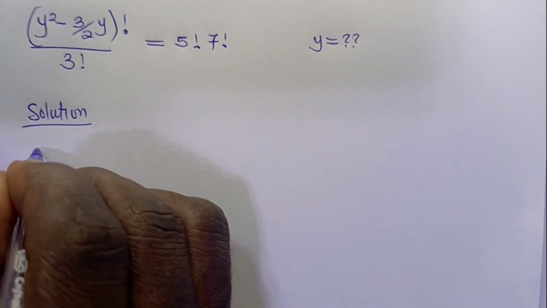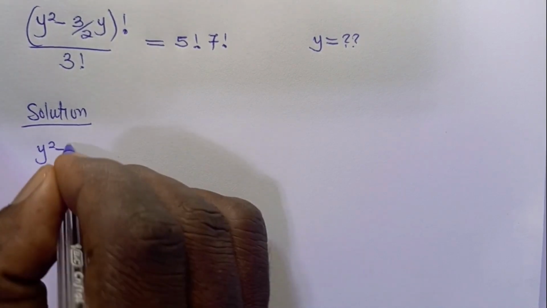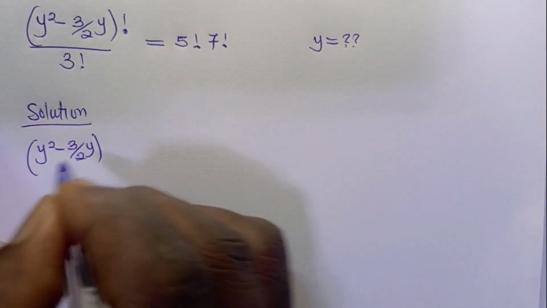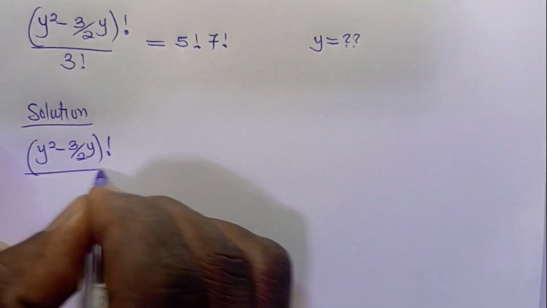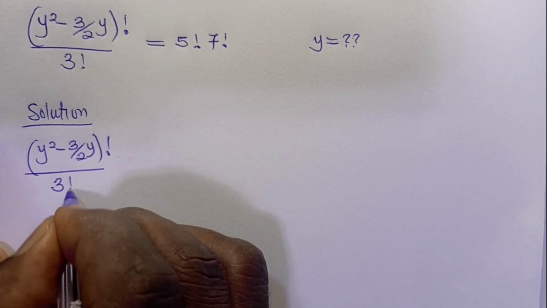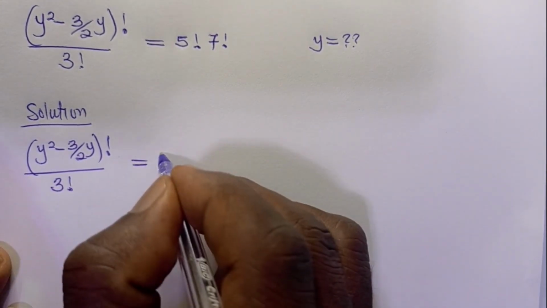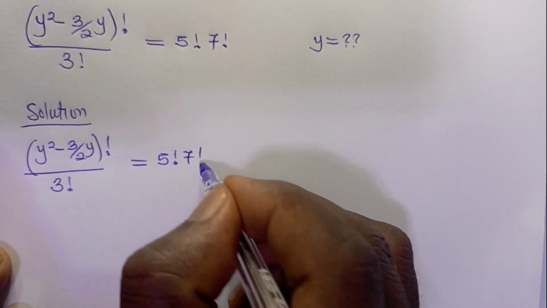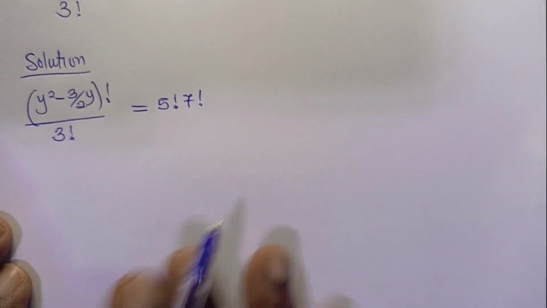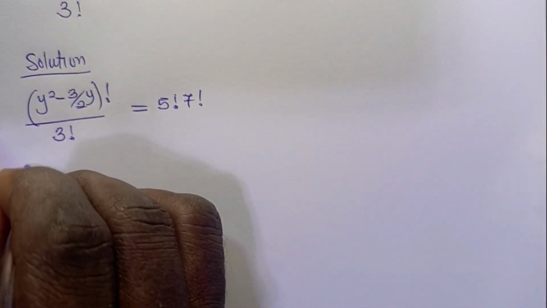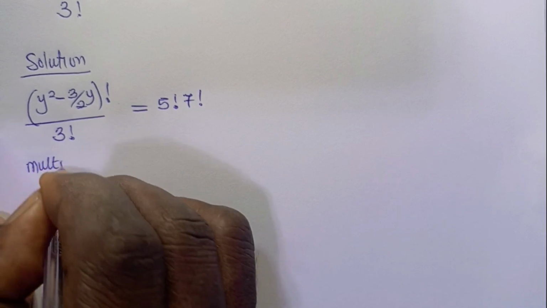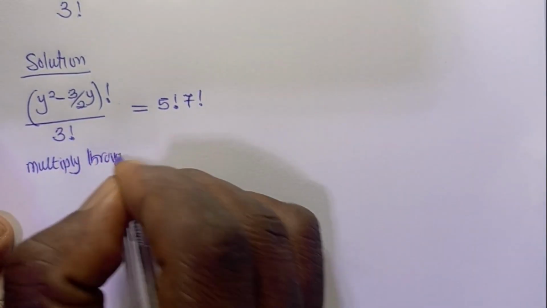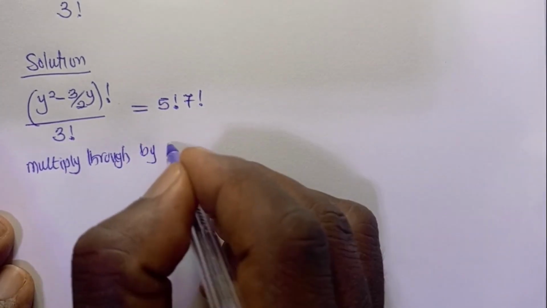Let's rewrite the equation. We have (y² − 3/2 y)! divided by 3! equals 5! 7!. So let's multiply through by 3!.